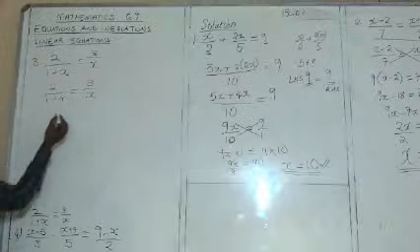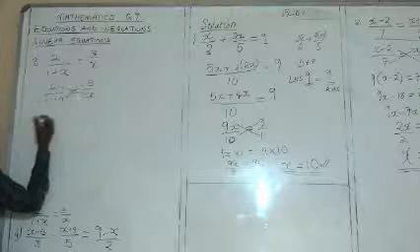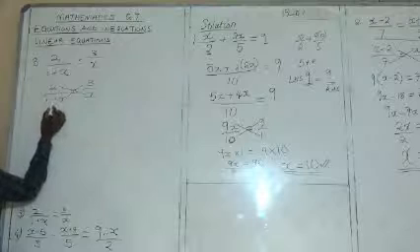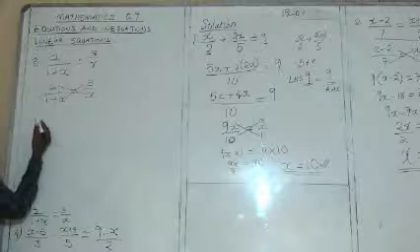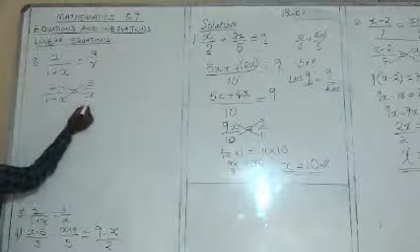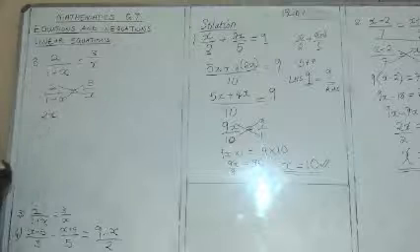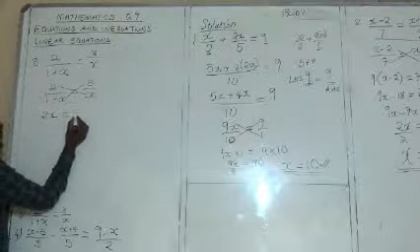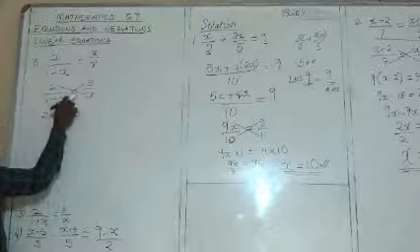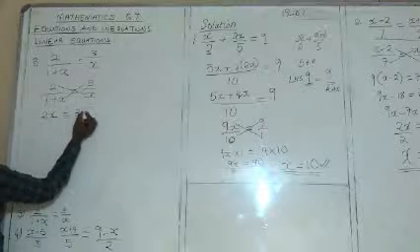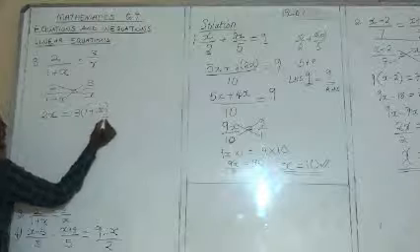So 2 over 1 plus x is equal to 3 over x. Okay, so cross multiply. So we say 2 multiplied by x, and this 3 you have to multiply 1 plus x. So what you are going to have is 2 multiplied by x, so you say 2x. Then the other side we have 3 multiplied by 1 plus x, like this.